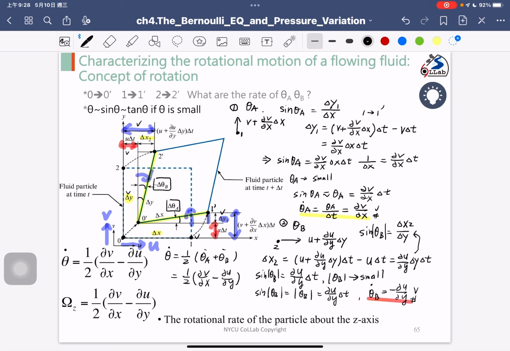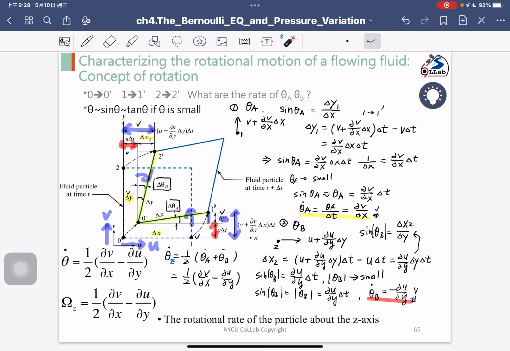Because this rotational angle rate is along the z direction, usually we also write down z, because the rotating axis is the z axis. So we use theta z rate, which equals one half of dv dx minus du dy.